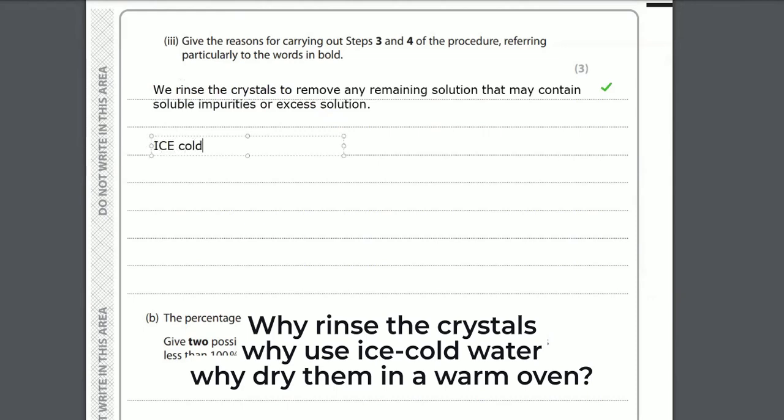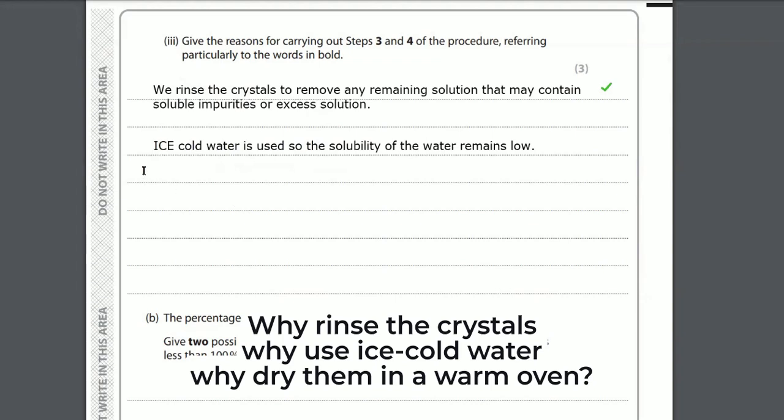So ice cold water is used so the solubility of the crystals in the water remains low. If we start using hot water, we increase its ability as a solvent to dissolve crystals.